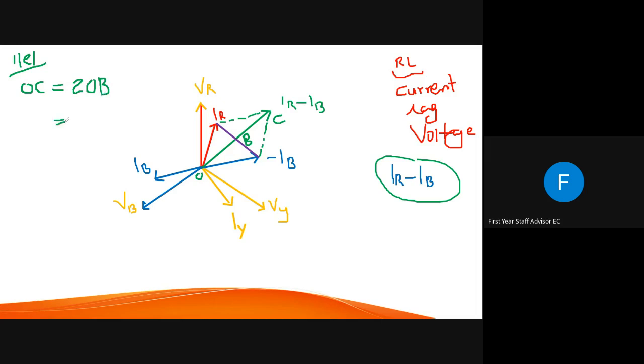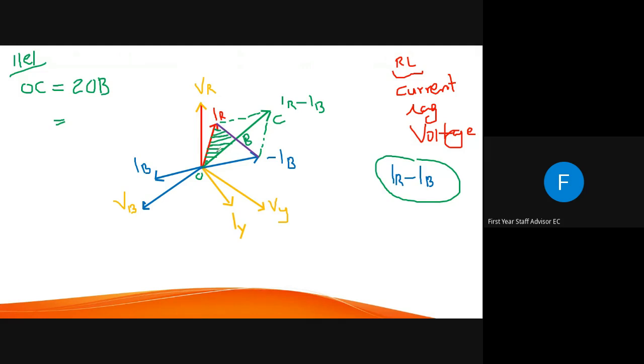And what is this OB? Let us take this triangle, because their IR is positive actually. So we are taking that one. This shaded triangle I am taking, and we can find out what is OB.